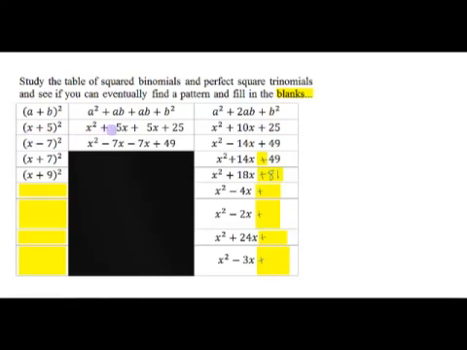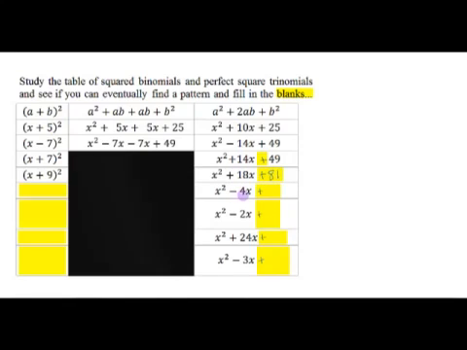How is 49 related to 14? How is 81 related to 18? If we take half of 10, that's 5, and square it, we get 25. Half of 14 is 7, squared is 49. Half of 18 is 9, squared is 81.